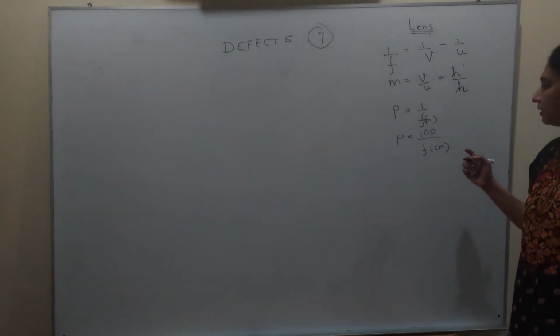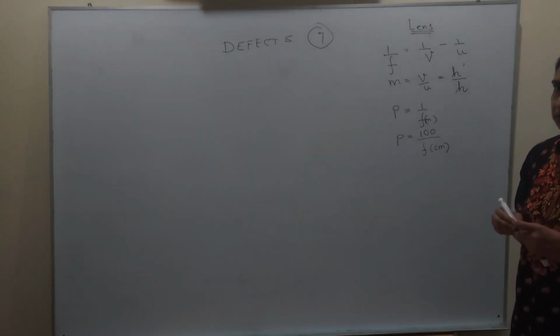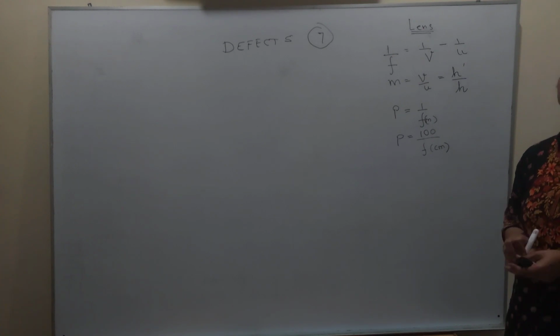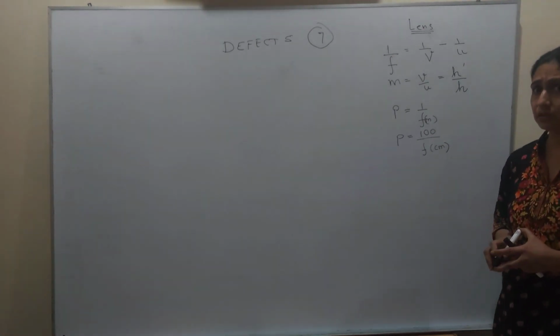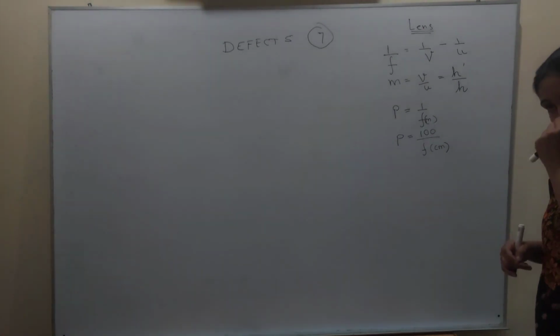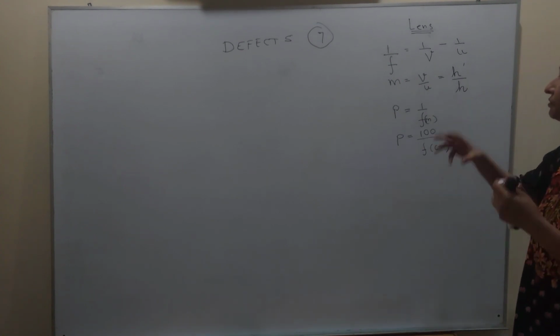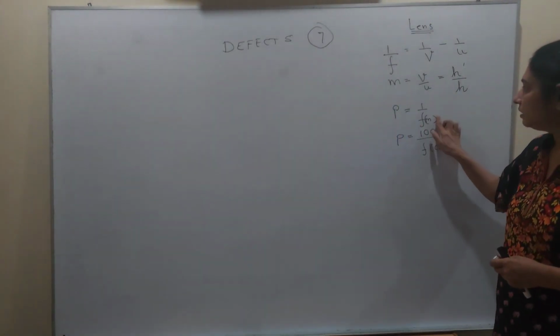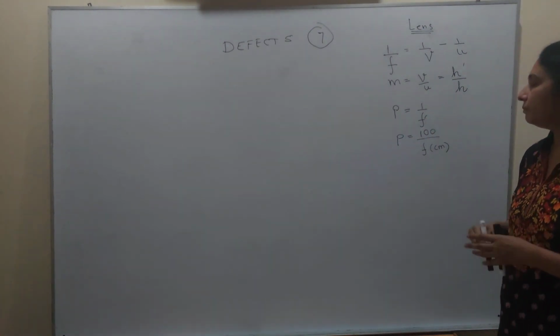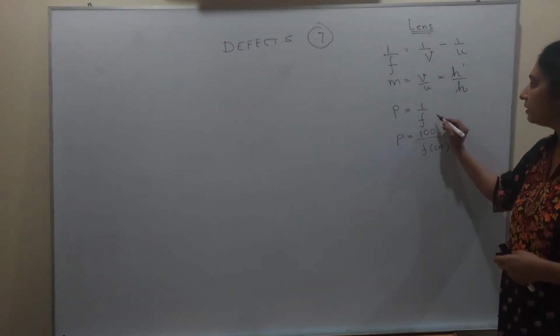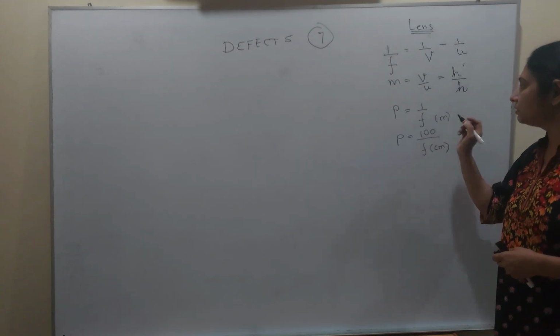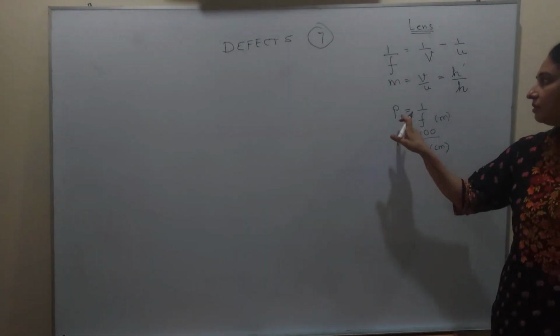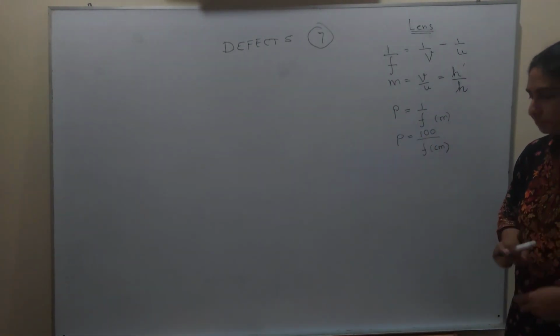But what happens in numerical questions, usually the focal length is given in centimeters. A lot of us forget to convert the units. When we use the formula P is equal to 1 by f, we forget to convert it into meters, and hence the value of power goes wrong.